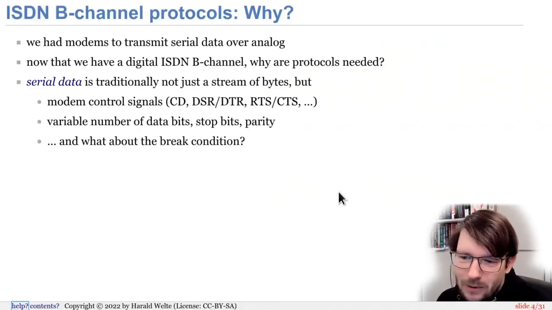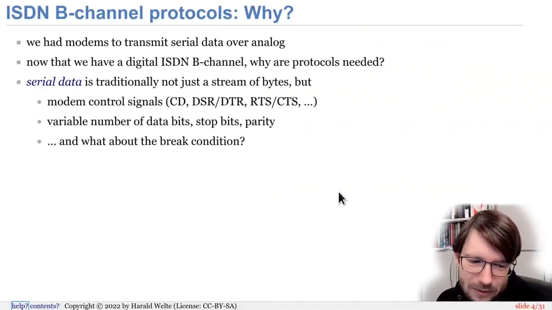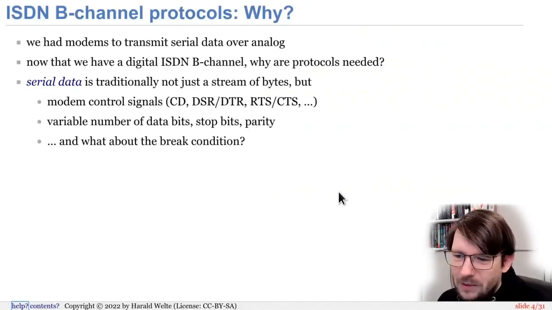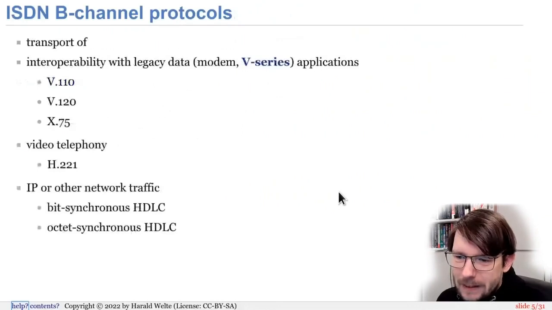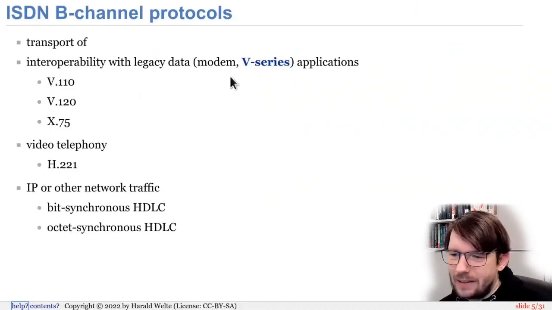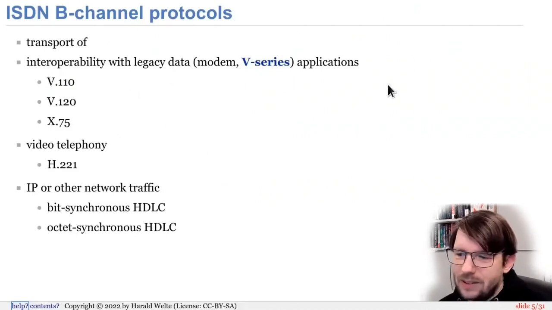There are of course also protocols that are more targeted, for example, for video telephony, which is H.221, which we will also cover here. So we have basically these classes of protocols. We have systems that allow us to transmit legacy data from so-called V-series applications.